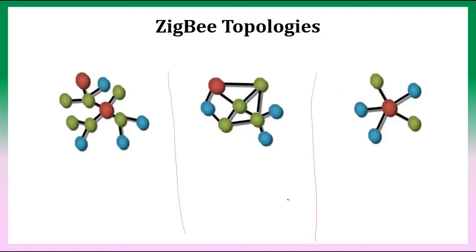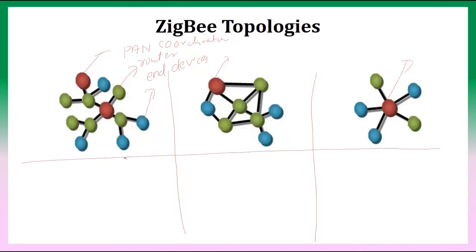I'll just tell you, these red ones are your PAN coordinators. These green ones everywhere are your routers, and the blue ones are your end devices. From that you could easily understand what these different topologies are.